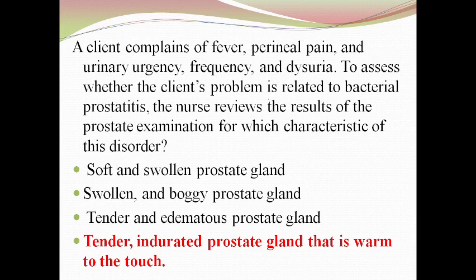It is associated with systemic symptoms like fever, chills, perineal and low back pain, and symptoms of UTI also. So the answer is a tender, indurated prostate gland that is warm to touch.